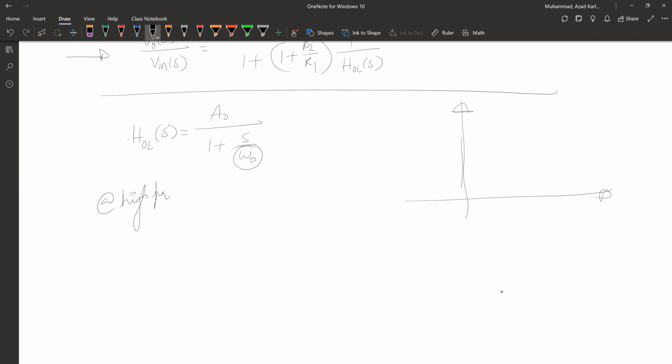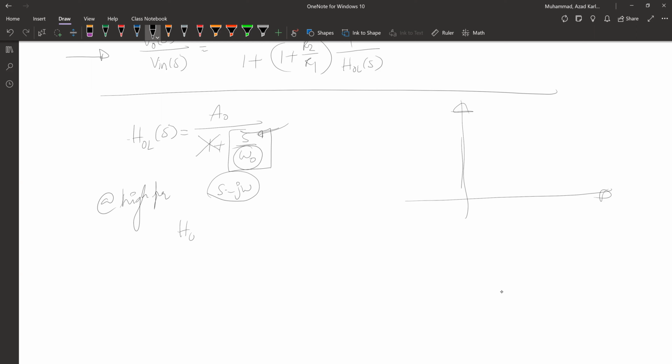If you remember the approximations I used to do in complex numbers, at high frequencies the S term, where S equals J omega, will be very large. So because S is very large, I can discard one with respect to this.